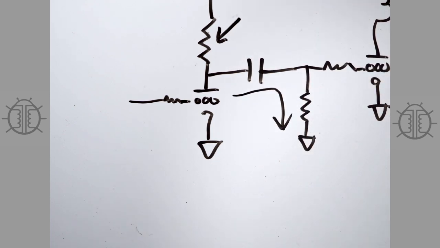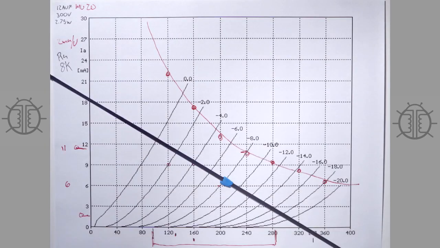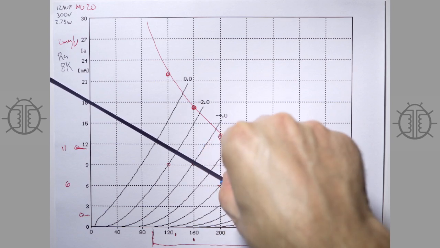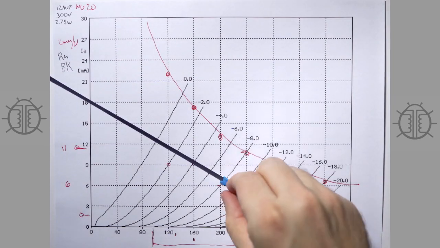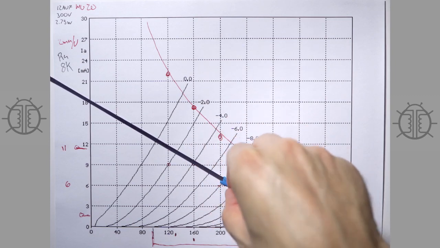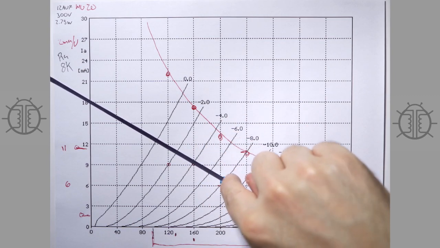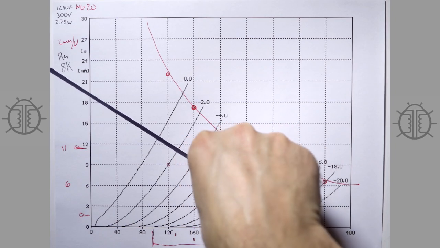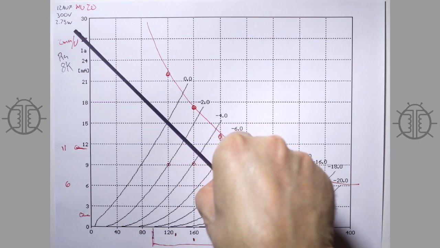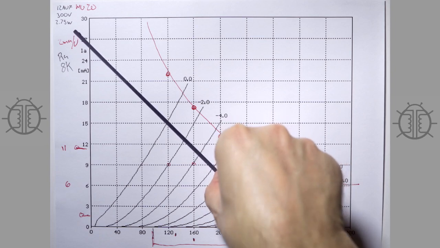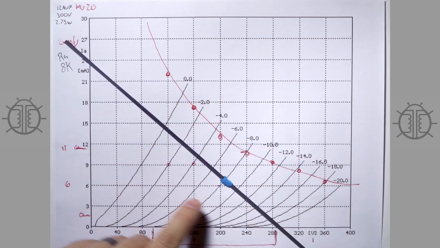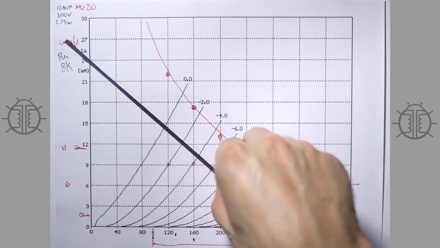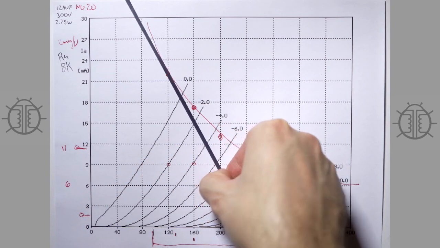And so what happens to your load line here is it begins to tilt. And so if this value here is quite low, which it might need to be depending on your output tube, the DC operating point will stay the same here, but the AC operating point will start to shift this way the more you load it down. And you can see that a little bit of a shift is not so bad. Still pretty linear, not so bad right there. But if you load it down a ton, you can end up doing something like that.